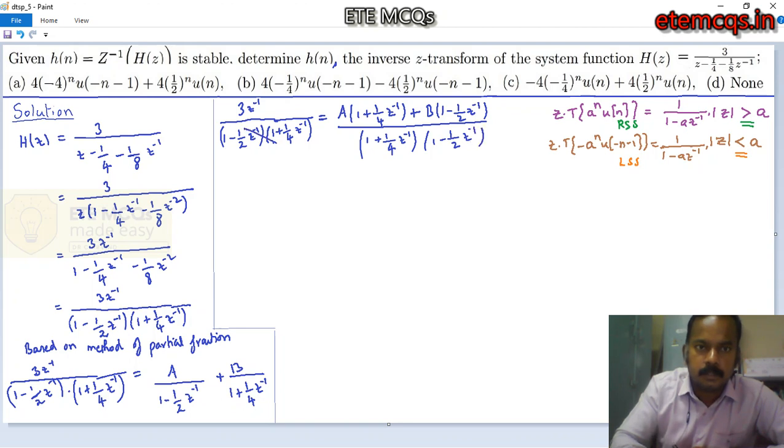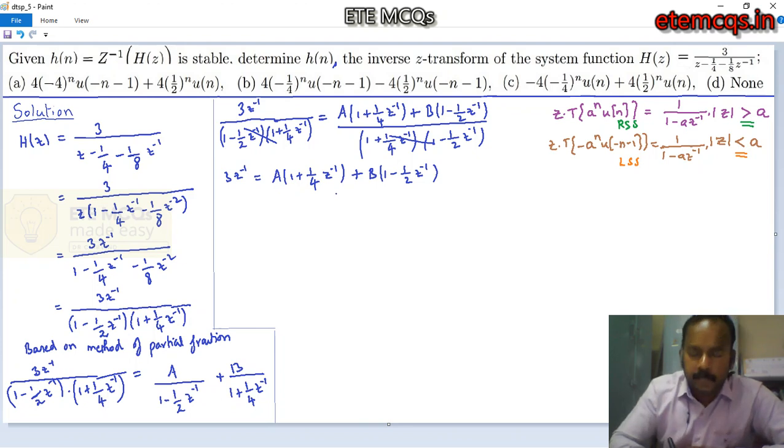So upon cancellation of the denominator, we get 3 times z inverse is equal to a into 1 plus 1 by 4 z inverse plus b into 1 minus 1 by 2 z inverse. Now we can substitute any value for z inverse so that we can find a and b. A and b are arbitrary constants, both are to be identified.